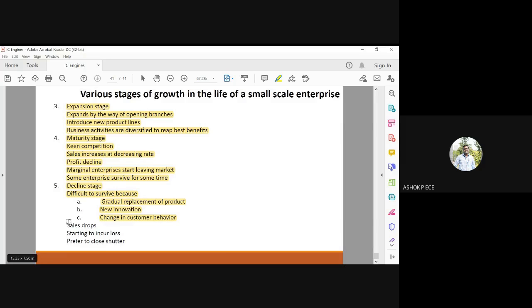Because of that, sales are going to drop, so you are going to incur a loss and prefer to close shutter. After the decline stage, if you don't pick up or ensure positive growth, then it is difficult to survive because you will not be able to make your company profitable again. That is going to be a big issue for the survival of the company.